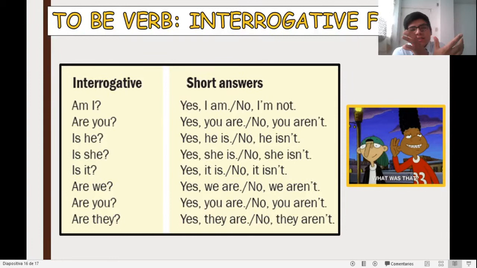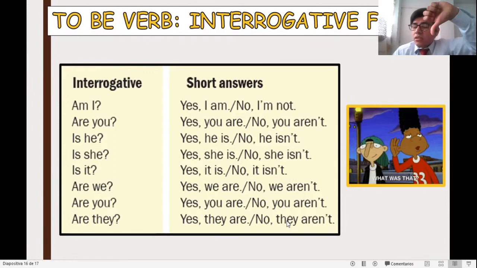No, we aren't. Then you have yes, you are. No, you aren't. And the last one. Yes, they are. No, they aren't. So you have the affirmative form and the negative form on the other hand.